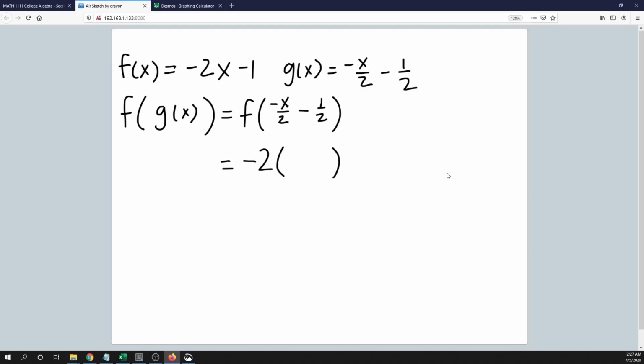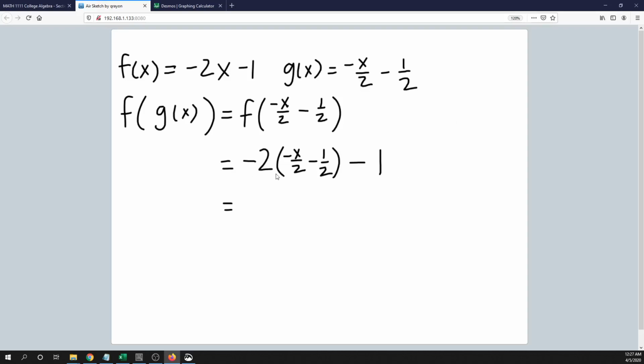Where that x was, I'm going to leave a little bit of space, and then I am going to plug this stuff inside, like so. And I'm going to simplify all that out. And if I wind up with just x, that will verify that these two functions are inverses of each other.